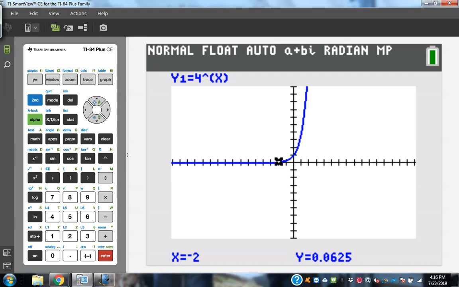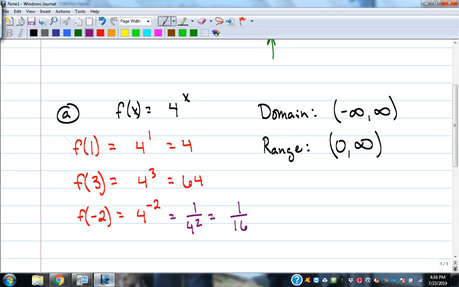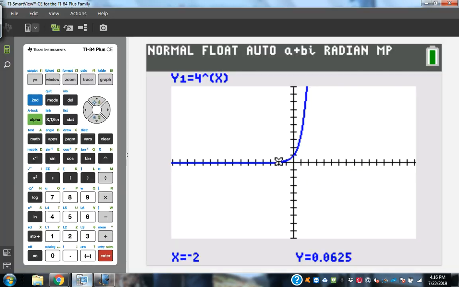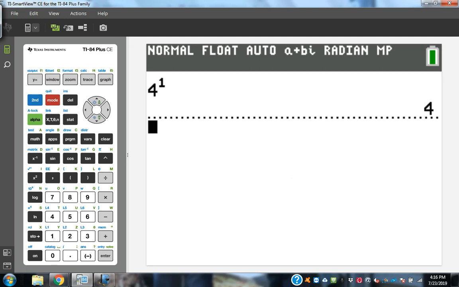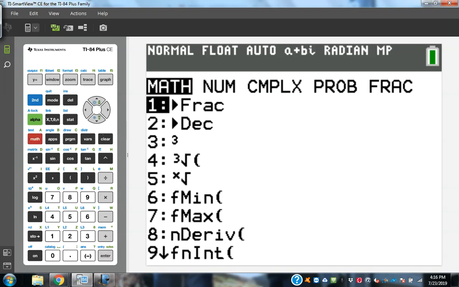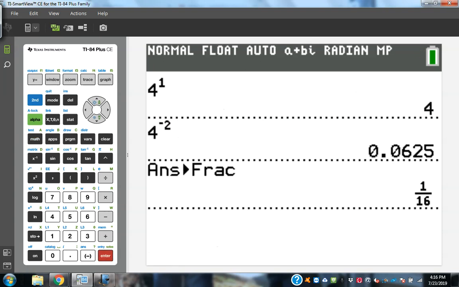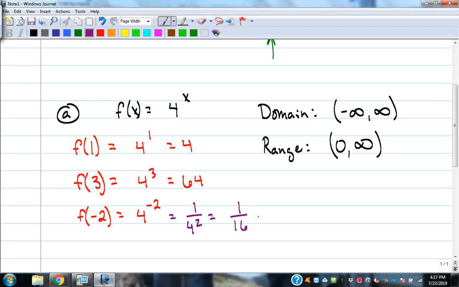So just know that I could do it the old-fashioned way, 4 raised to the -2, and then it gives me that decimal, and I hit math, enter, and it'll change it to a fraction if the answer choices are all in fraction form. If they're in fraction form and you want to change them all to decimals, you could do that too. We know that that's 0.0625.